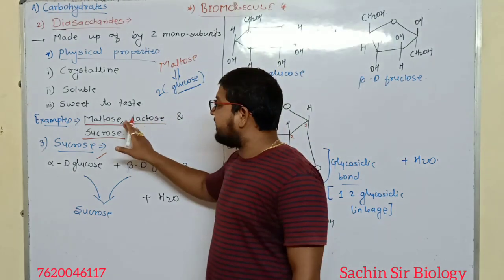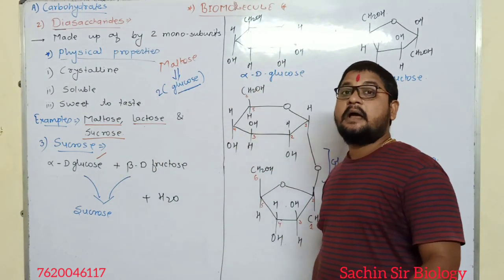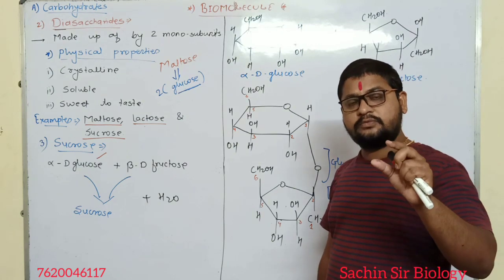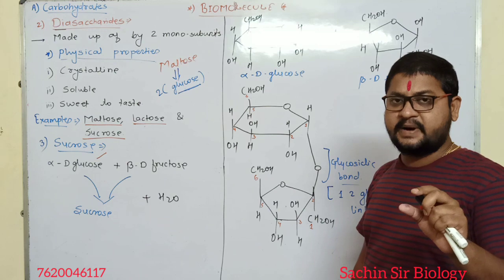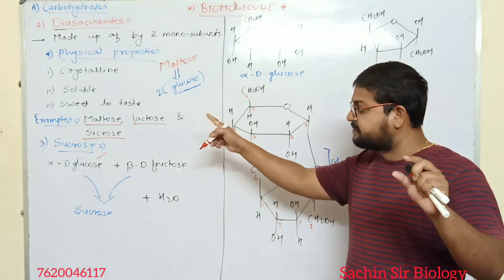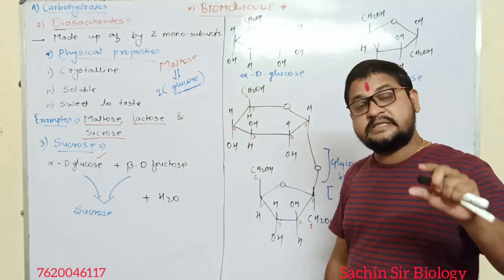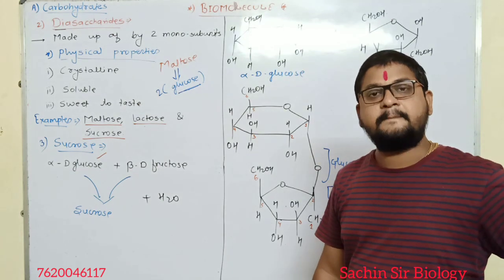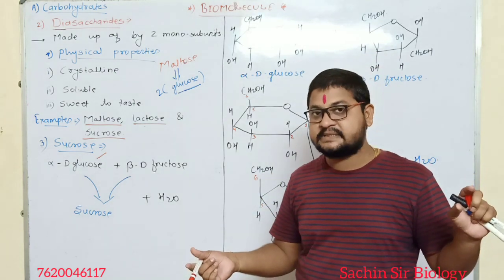In this way, maltose, lactose and sucrose are examples of disaccharide, and we saw which mono subunits take part in the formation of the respective disaccharide. The formation steps are the same, meaning condensation and dehydration take place.